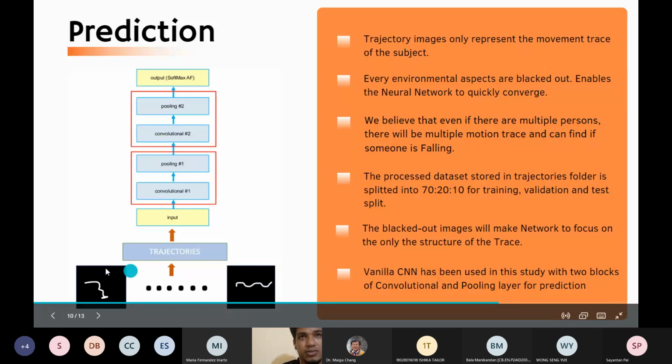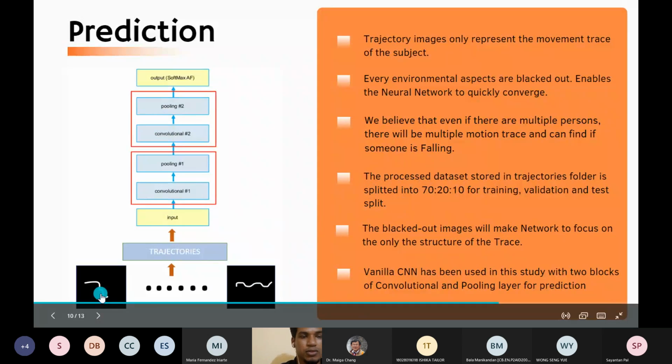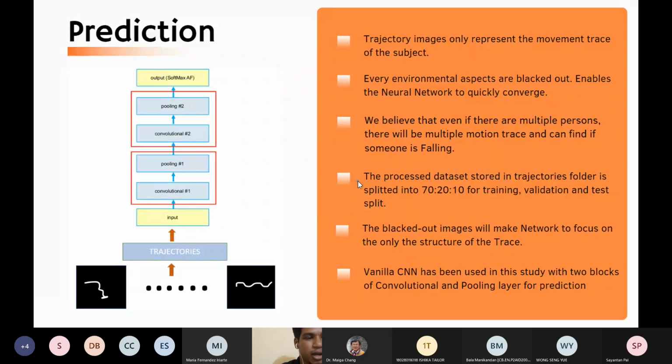Since we are using the bounding box approach, we can localize the person who is falling and intimate the neighbor or some caretaker. That is for future use. And this is the actual neural network for prediction.